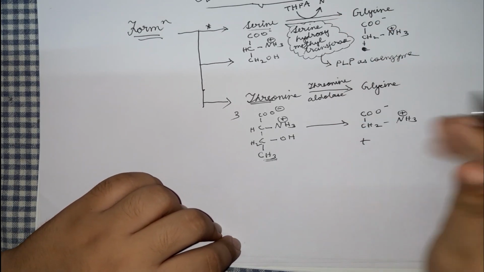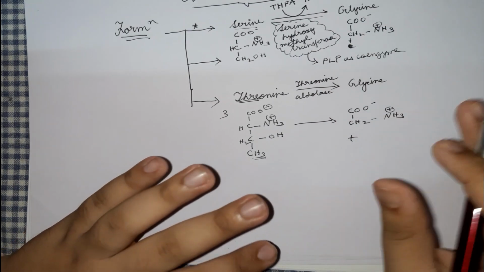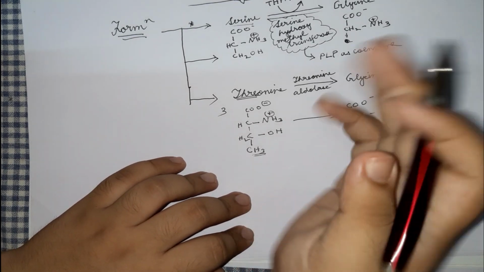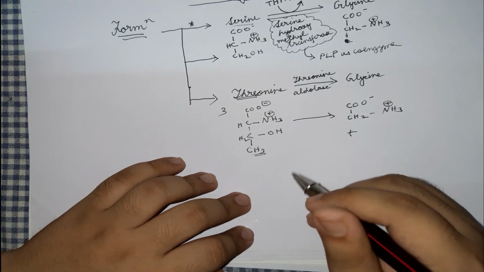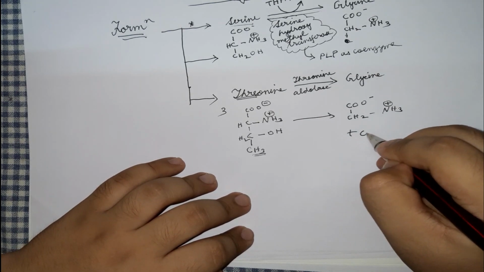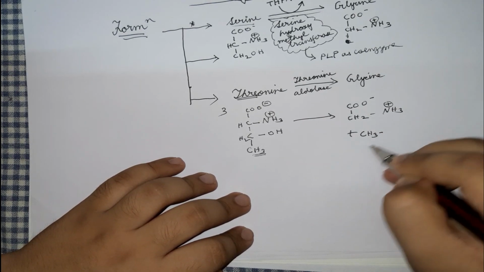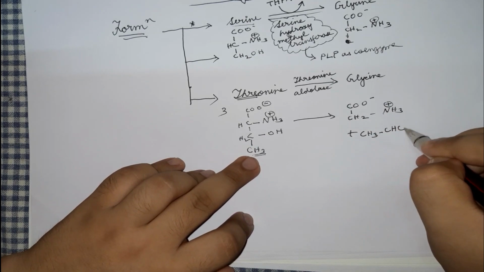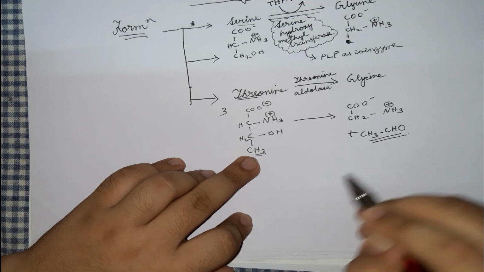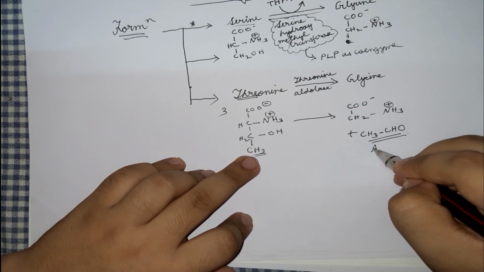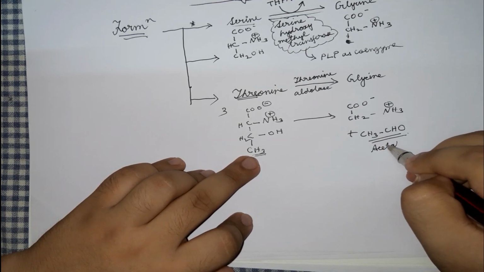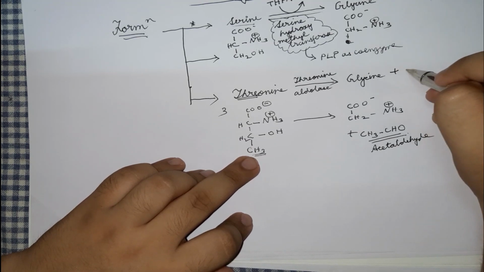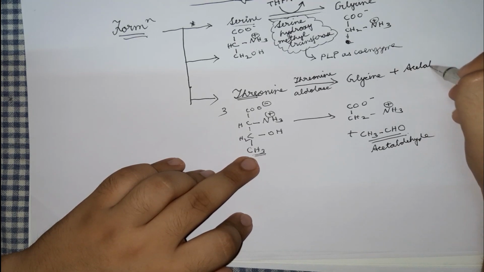It is aldolase. So it is not going to transfer the group. It is only splitting it. So what happens here is we get CH3CHO, that is aldehyde, acetaldehyde. Alright, so glycine plus acetaldehyde.